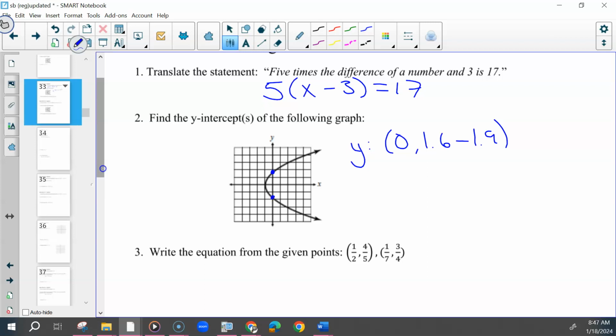For this one, it's closer to the end, so like 1.7 to 1.9. So pick a decimal, it doesn't matter what it is, as long as it falls between that range. So when you get a graph like this and the x and y-intercept is not exact, just estimate.